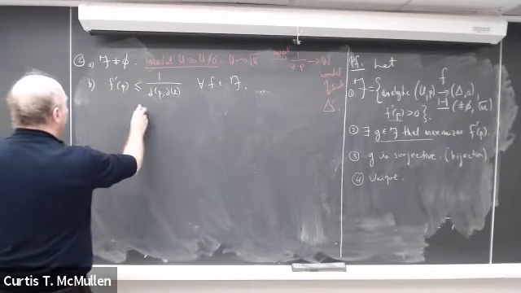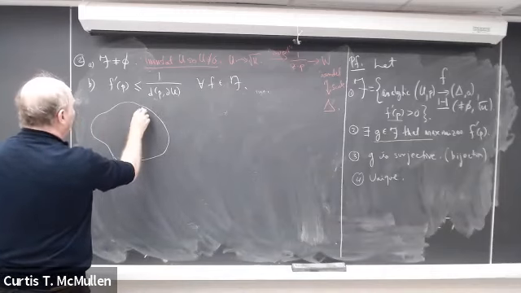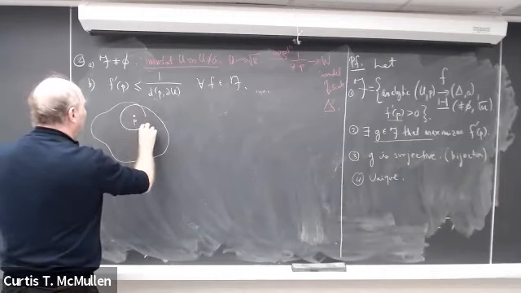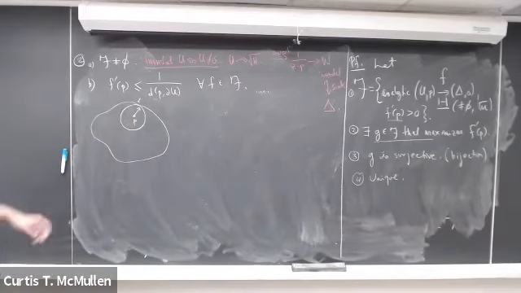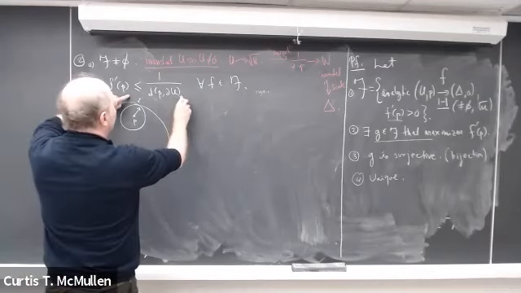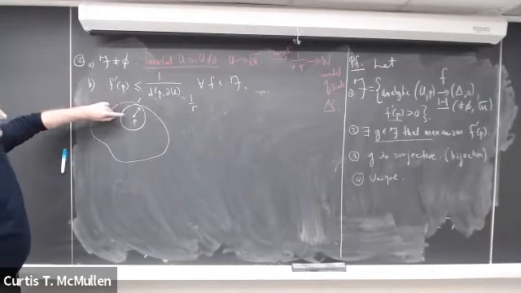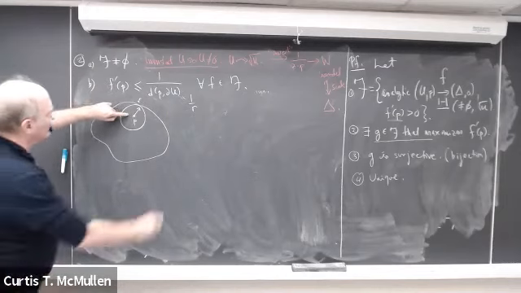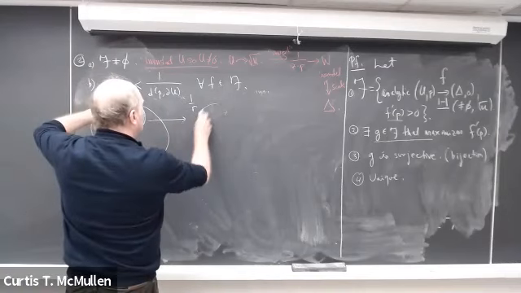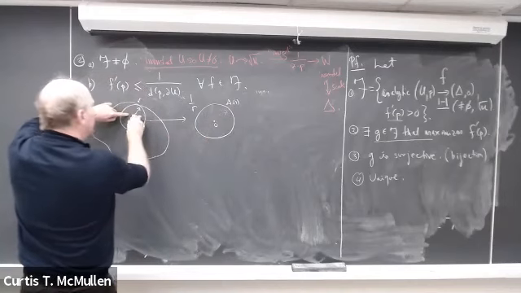Now why is this? Well, here's our domain U. We have our point P. One thing we know is that f is defined on the ball of radius r around P, where r is the distance to the boundary, the minimum distance to the boundary. So we have a map that sends the disk of radius r to the disk of radius 1, sending the center to the center.